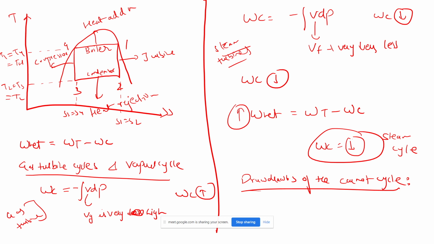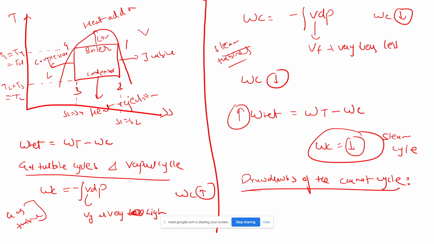In the Carnot cycle, here it is double phase. It is a combination of water and vapor both. In case of steam, liquid and vapor are both present. Here it is liquid, here it is vapor, and here liquid plus vapor, and here it is vapor in the phase diagram.